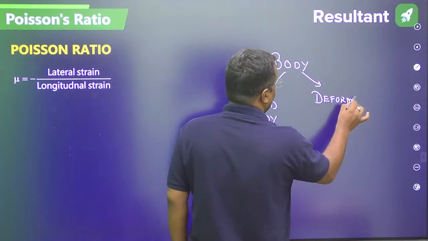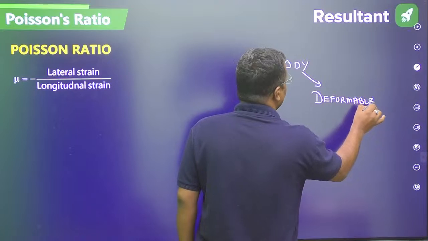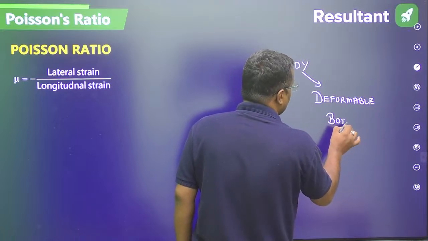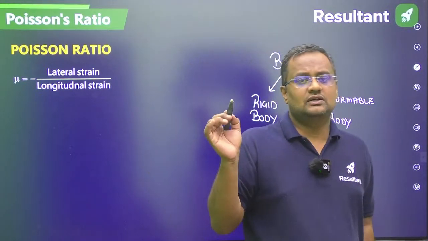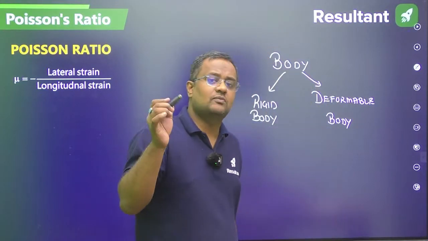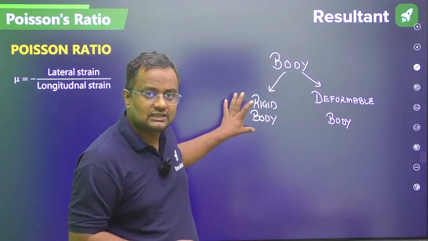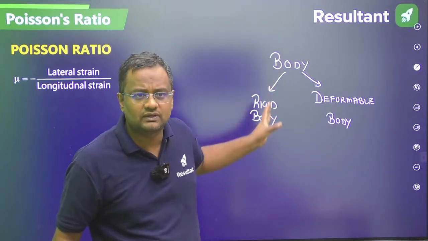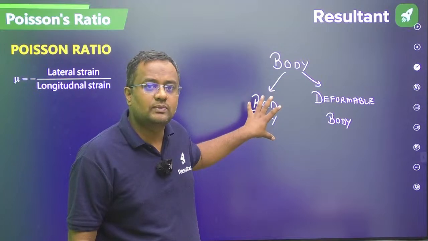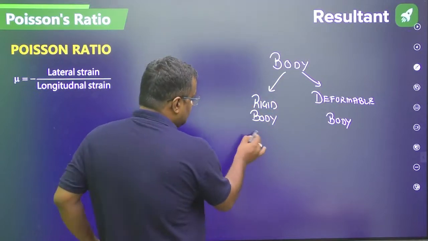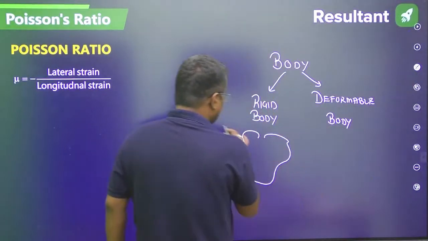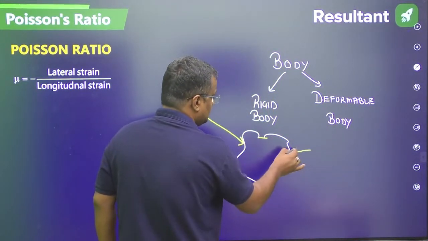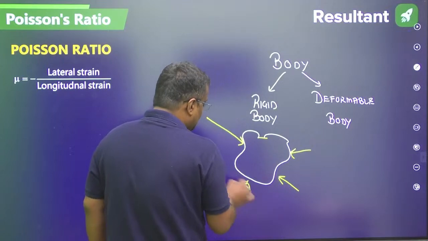deformable body. Whatever physics you have studied in your class 11th, laws of motion, gravitation, rotational, everything, there we consider the body as a rigid body, apart from fluid mechanics and a couple of other topics. Rigid body means, suppose this is a body and in this body you apply n number of forces, in any magnitude, any direction.